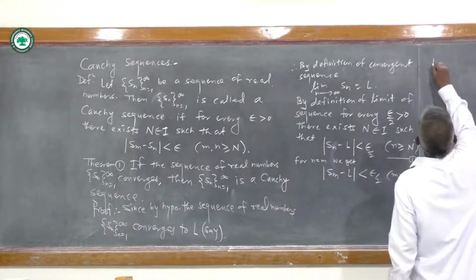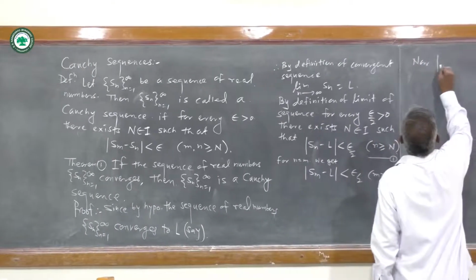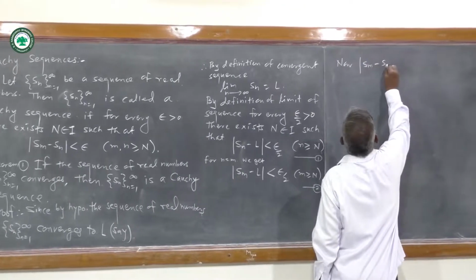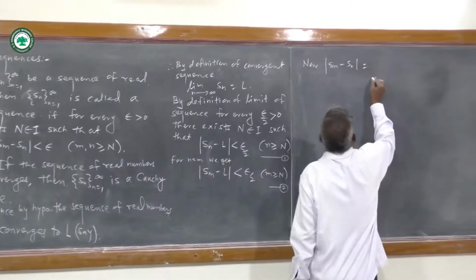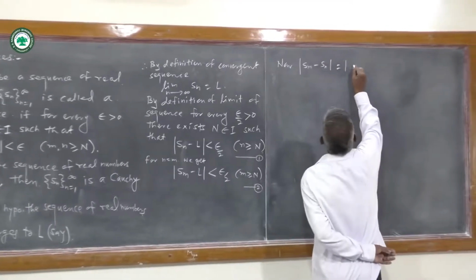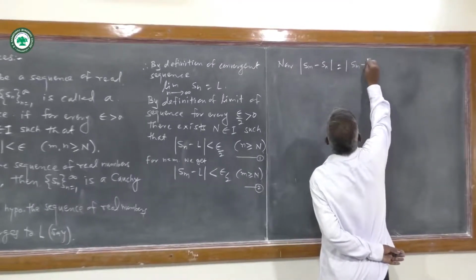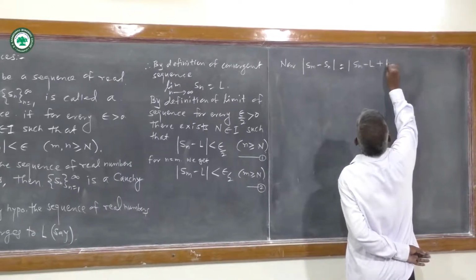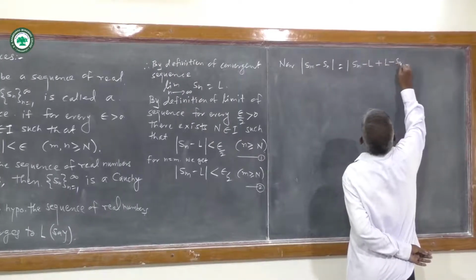Now, modulus of S_m minus S_n is equal to modulus of S suffix m minus L plus L minus S_n.